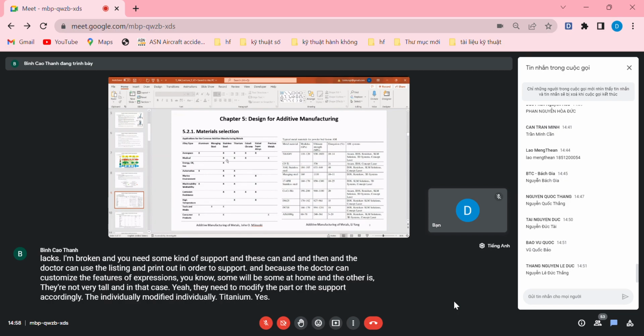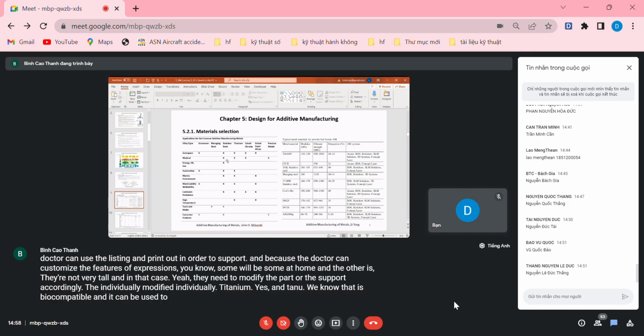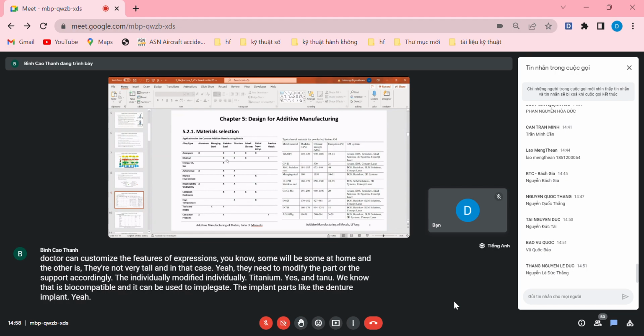Titanium, we know, is biocompatible and it can be used to fabricate implant parts, like the dental implant inserted into the jaw, and many others.